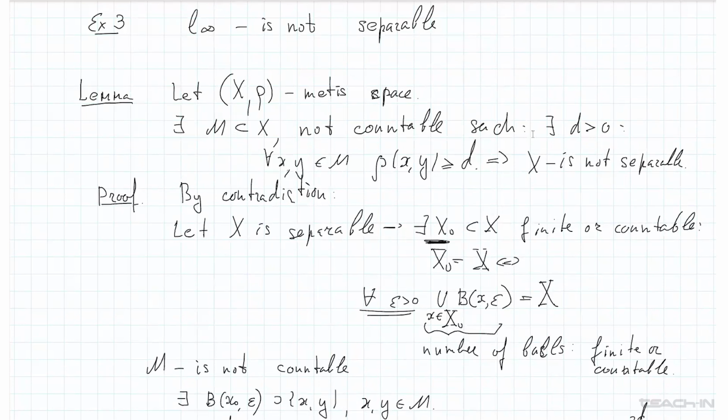Now let's come back to our space L infinity. By the lemma, it is sufficient to introduce a set M which is not countable with this property, with the inequality from below.